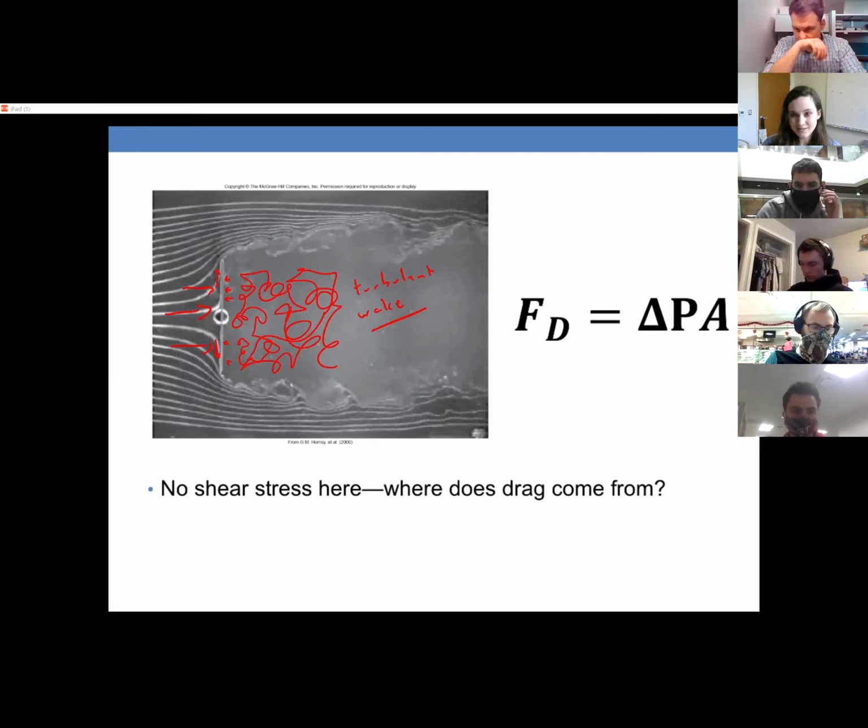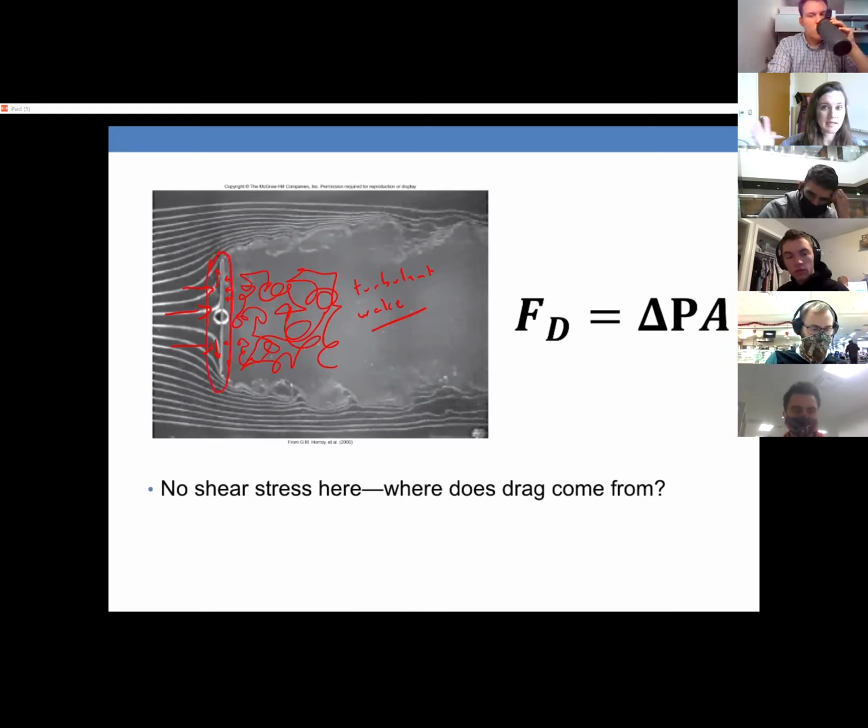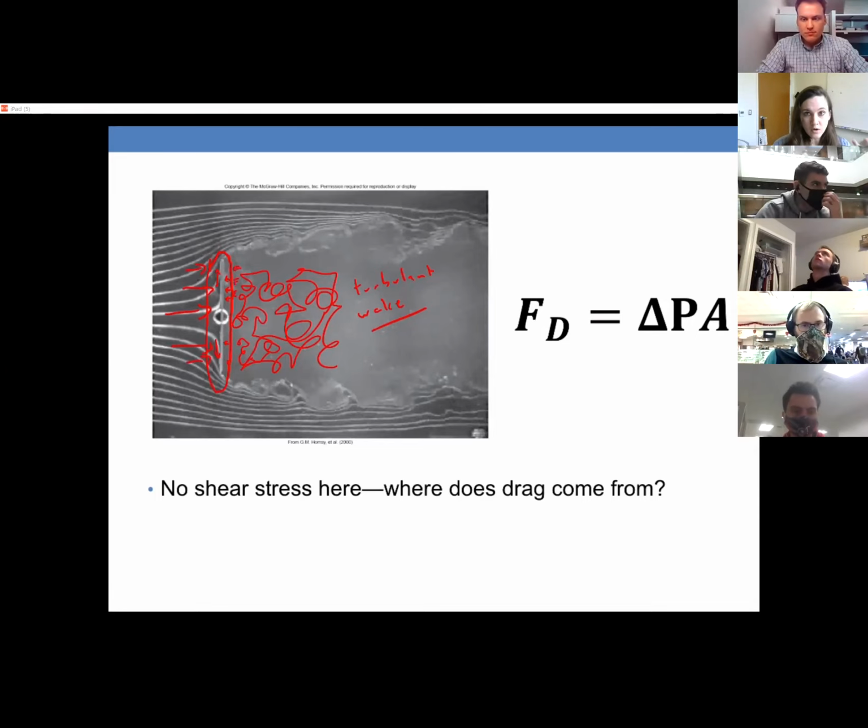Yeah, it was me. What area is in that term? Is it the cross-sectional area of the plate? It's the area of the plate, because again, think about pressure forces. You have pressure on this side and pressure on this side, and you multiply those by the area of that plate in order to get the pressure force. Okay, yeah, that makes sense.